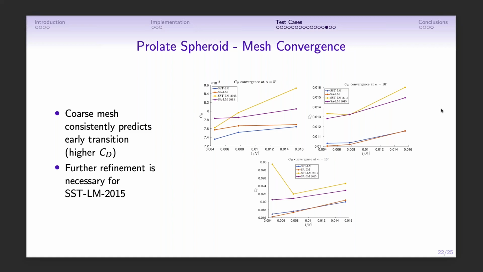But then the CD decreases, and we can see that we have almost convergence, probably with some more refinement, but we have some strange behavior of the SST LM 2015, which I do not really know how to explain. Probably there is a convergence problem in the simulation.